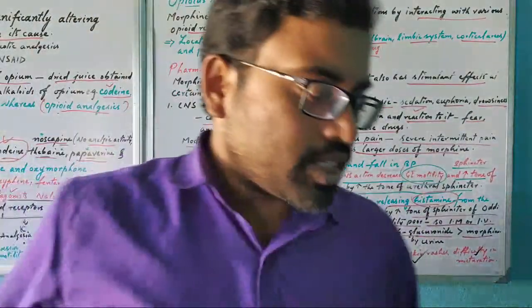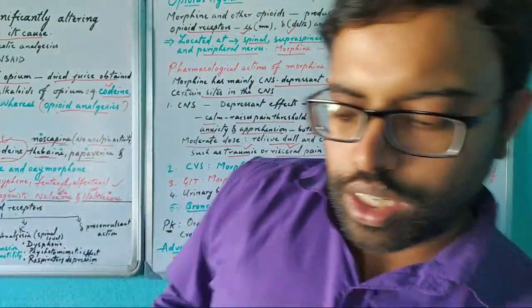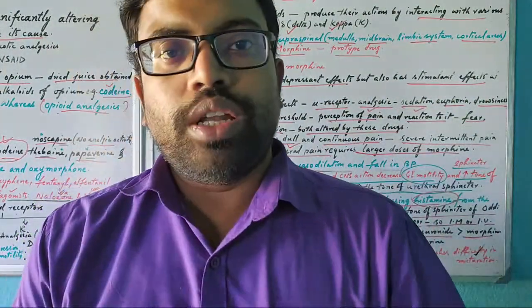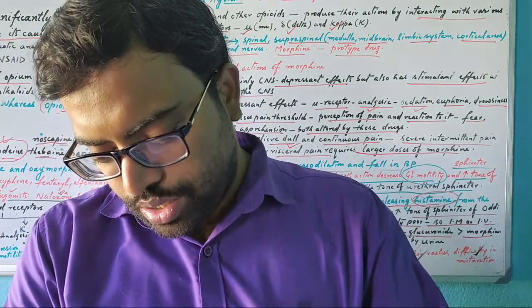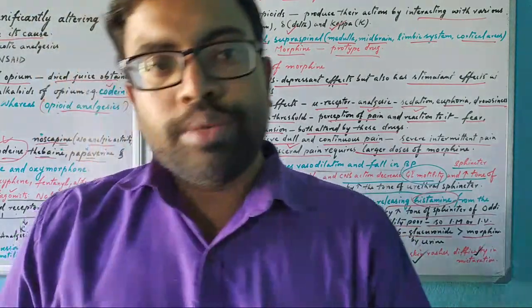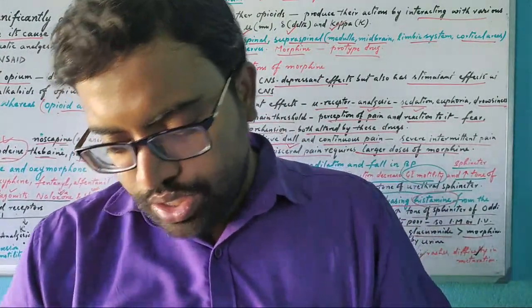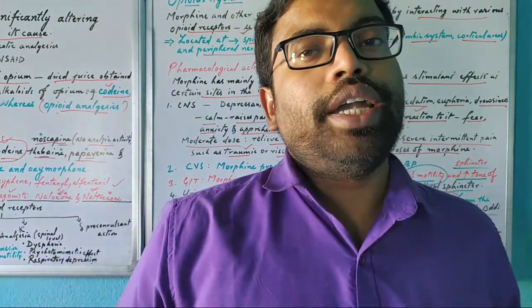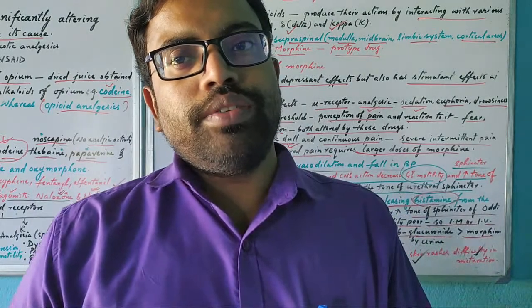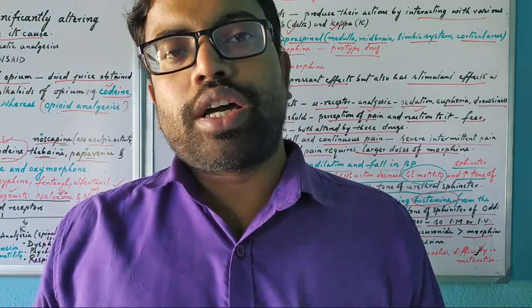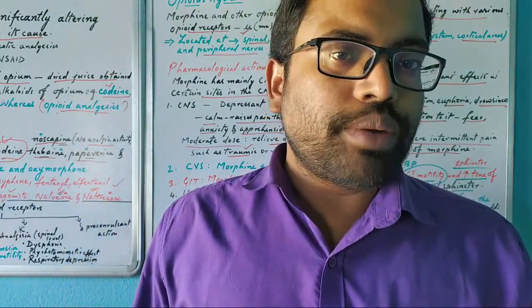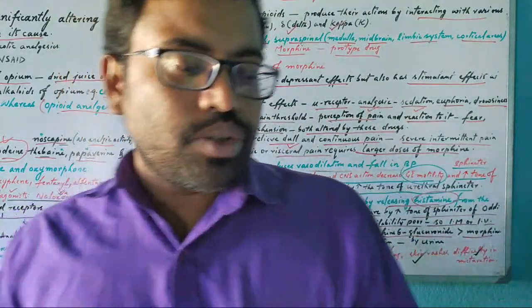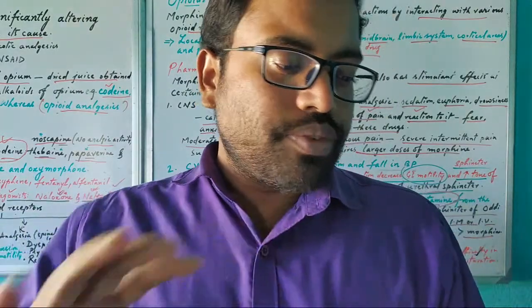Other drugs like codeine are also natural pain relievers, analgesics. Codeine is used for antitussive purposes. What is antitussive? It suppresses cough, and it does not suppress the respiratory tract that much, so dry cough is suppressed.